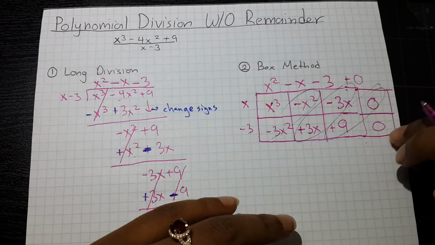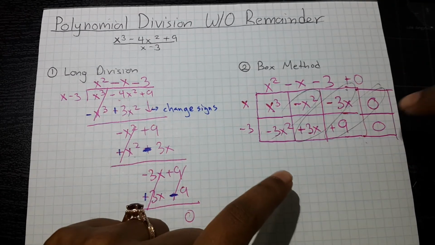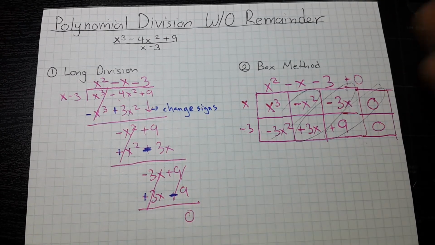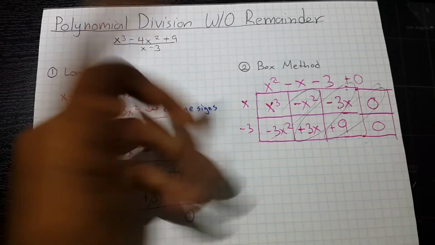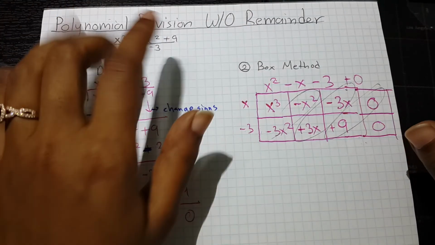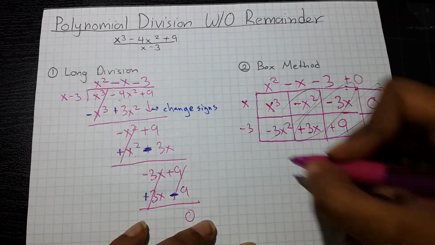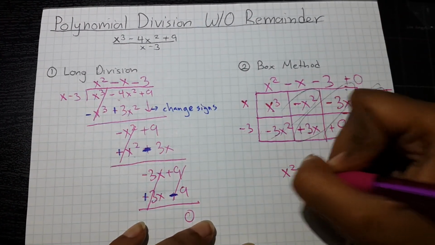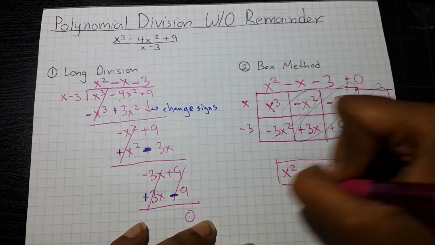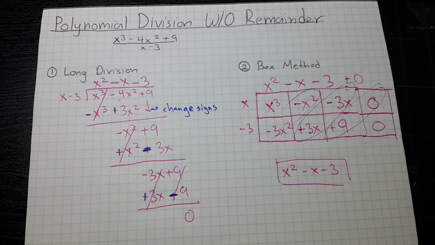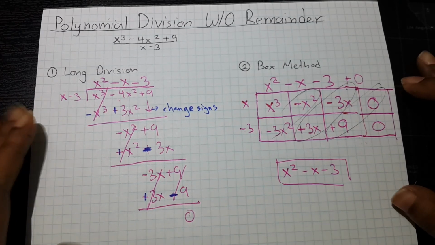This last step is not really necessary, especially when you're just getting zeros, but it is important to show that when you reach the final term of your expression, you're pretty much done, and there's no remainder. So our final answer is going to be x squared minus x minus 3 as the result of our box method. And that's pretty much it.